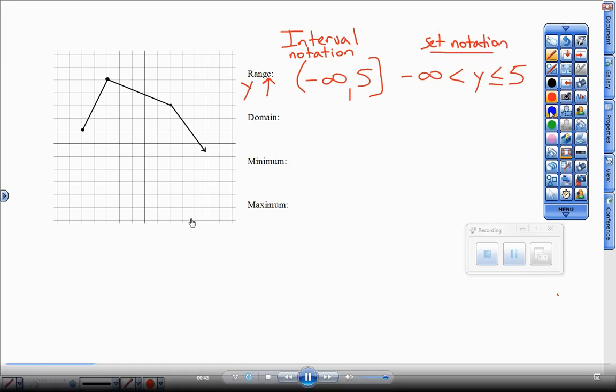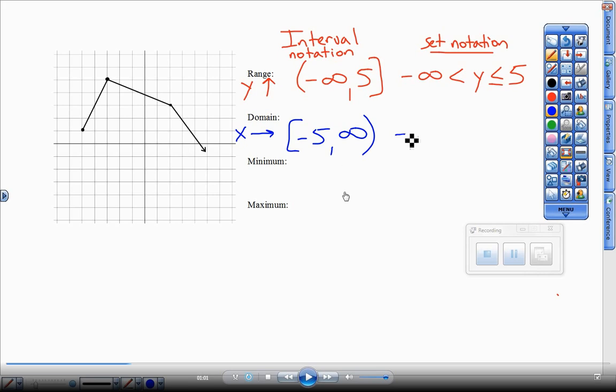Alright, domain measured from left to right. So left to right would be measured from negative 5 through this x-axis all the way to positive infinity. I know it looks like it's going down, but domain is measured from left to right, and this is going to the right.